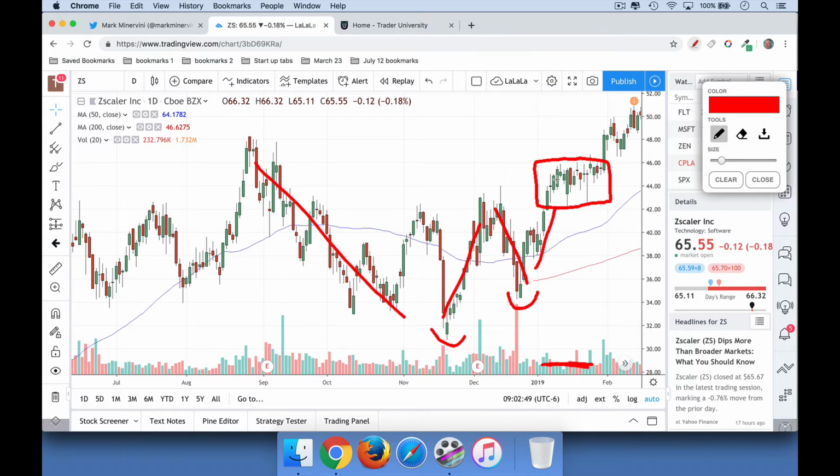And what this pattern helps to show us is stocks that are under accumulation by institutional investors. So what happens is you will have a sell-off, but the stock will not go down as much as the market, or it will bottom before the market bottoms, because you have institutional buyers who are buying every dip.